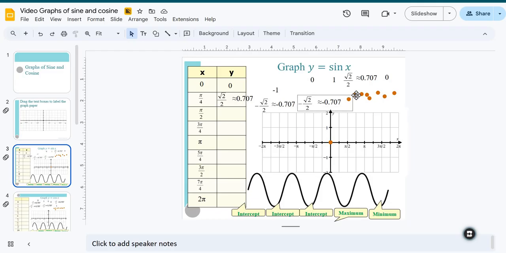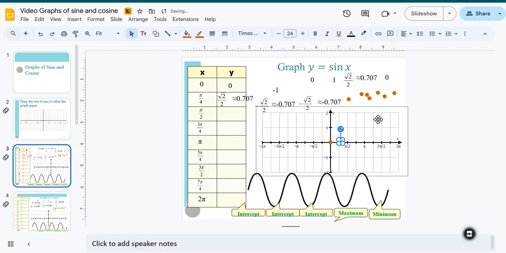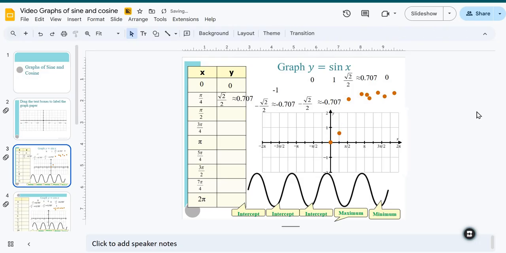So grabbing my point, we're looking at pi over 4, which notice is going to be exactly halfway in between 0 and pi over 2. And the reason that we have the decimal approximation is because we know that 0.7 is going to be a little bit more than halfway up until we get to 1, which is what that first tick mark on my y-axis is.